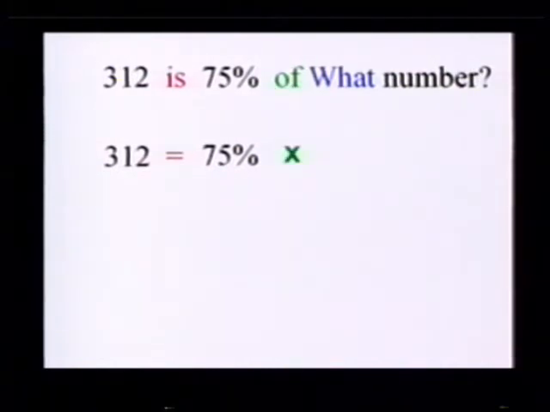And what number? I'm going to use x. Don't be confused with the multiplication and the x. I could have used a or b too. Now we got to solve this.